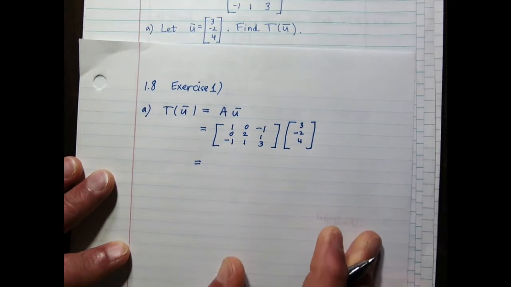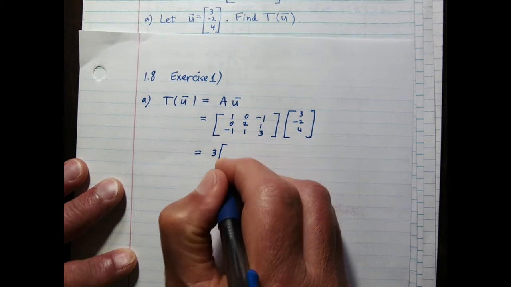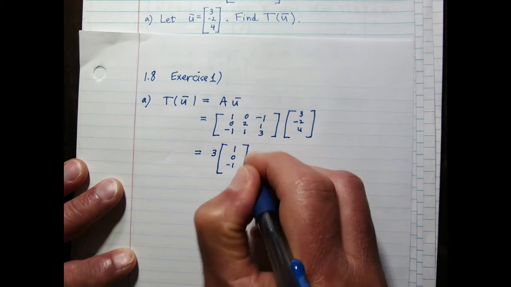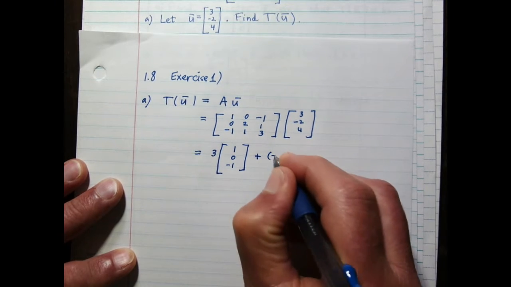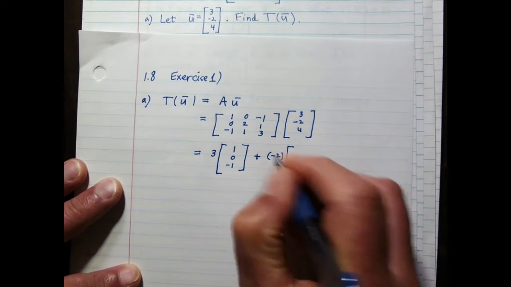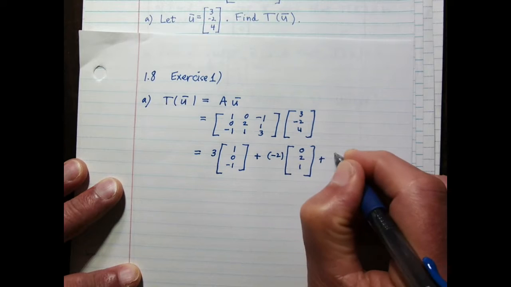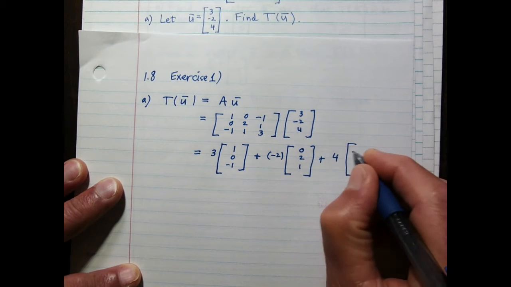And so the way we do this now is we take the first entry of u times the first column of A, 1, 0, negative 1, plus the second entry of u times the second column of A, 0, 2, 1, plus the third entry of u times the third column.